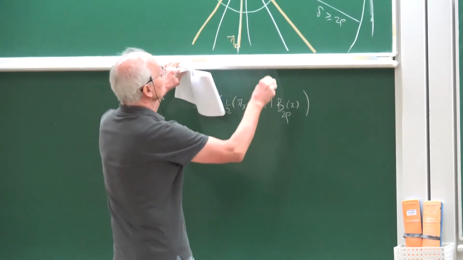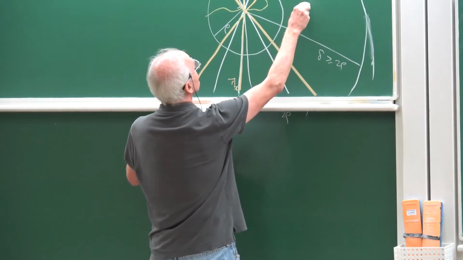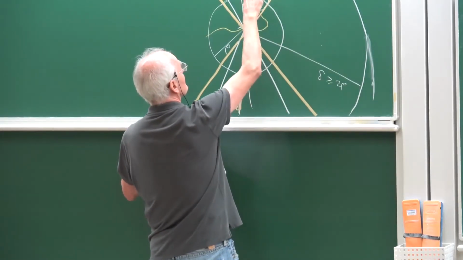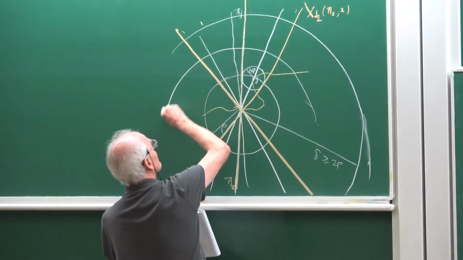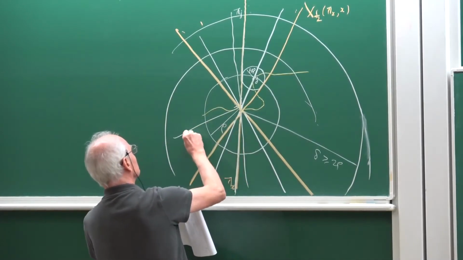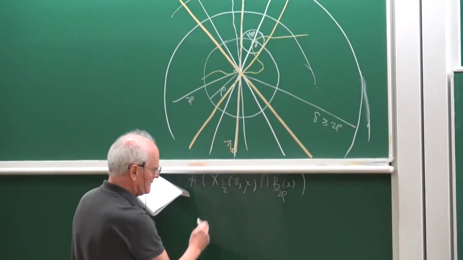So notice the ball of radius 2ρ is out here somewhere. It certainly includes this now. So here's the ball of radius 2ρ. That's right.